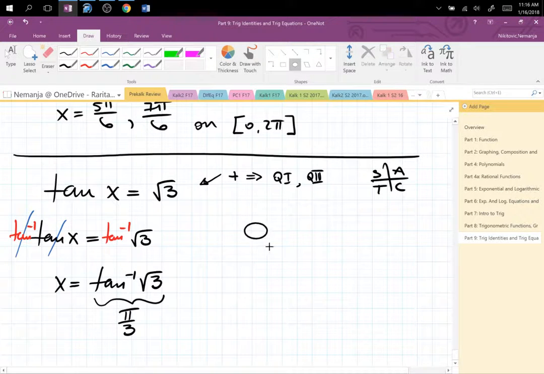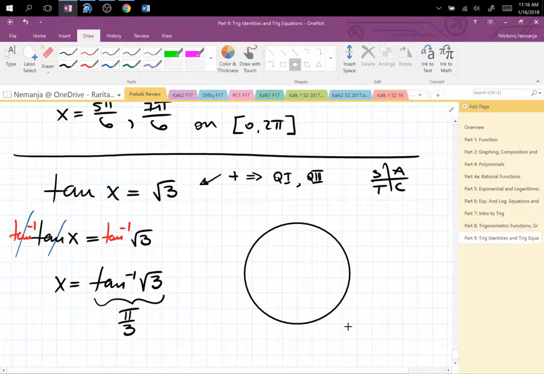So, unit circle, get our quadrants going. And by all students take calculus, I know that I have to be in the first and the third. Now, pi over 3 in the first.